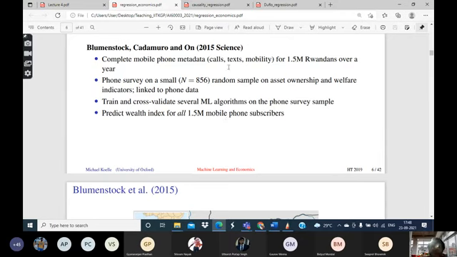Let us say that for every person they can get some 1000 pieces of metadata related to the mobile phone. Now, obviously, not all of those features are going to be useful in predicting their economic condition. But I do not want to be judgmental about which features are useful and which are not, because there may exist some unusual or counterintuitive relation which I had not thought of.